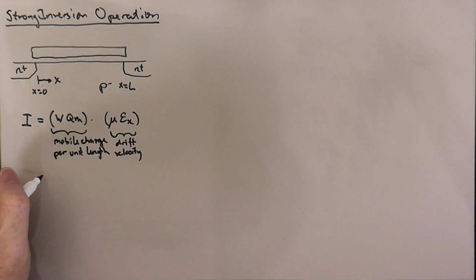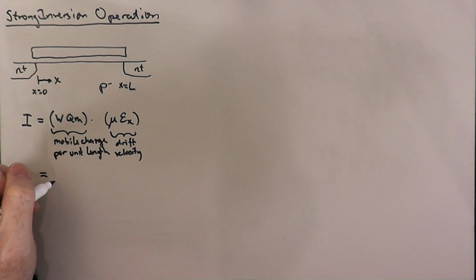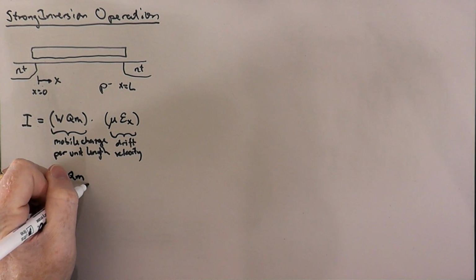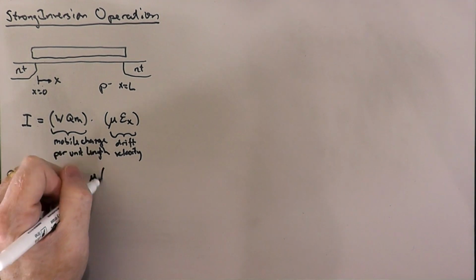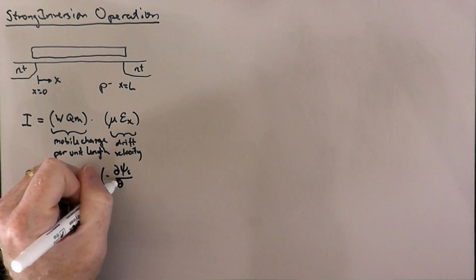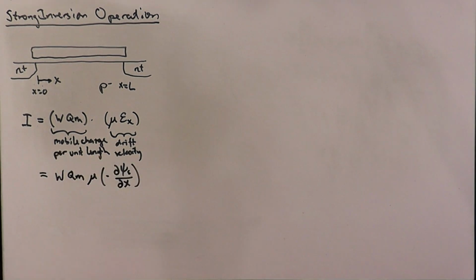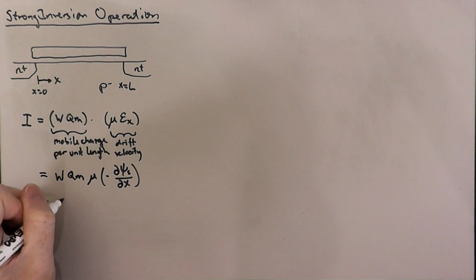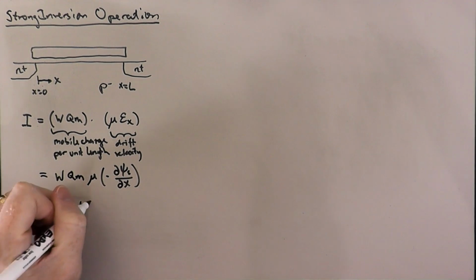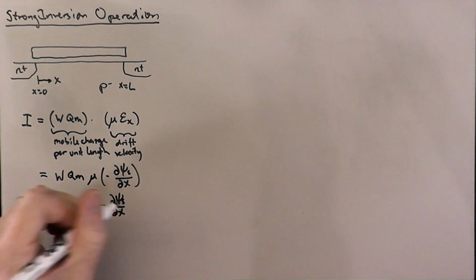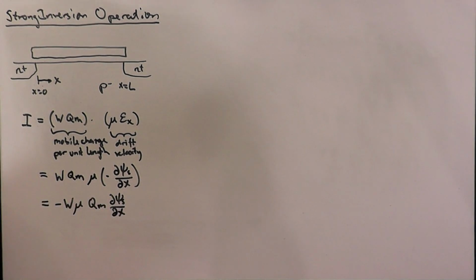And if you recall our basic electrostatic relationships, we can re-express the electric field parallel to the channel in the x direction as the negative gradient of the surface potential, d psi s dx. Okay, and so collecting this up, we can rewrite this as minus W mu Qm d psi s dx. Now we're going to have to do something.